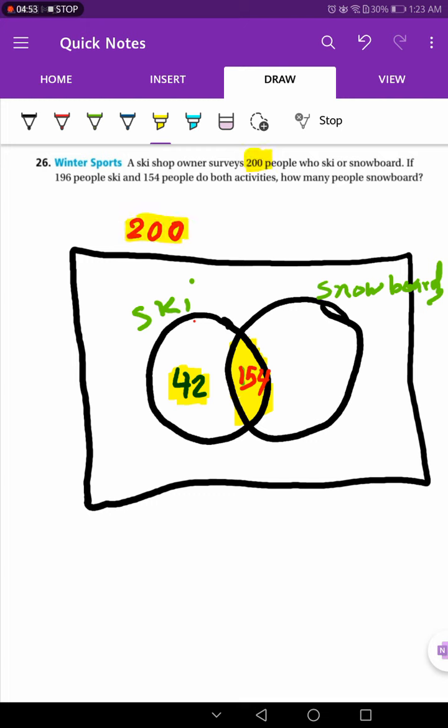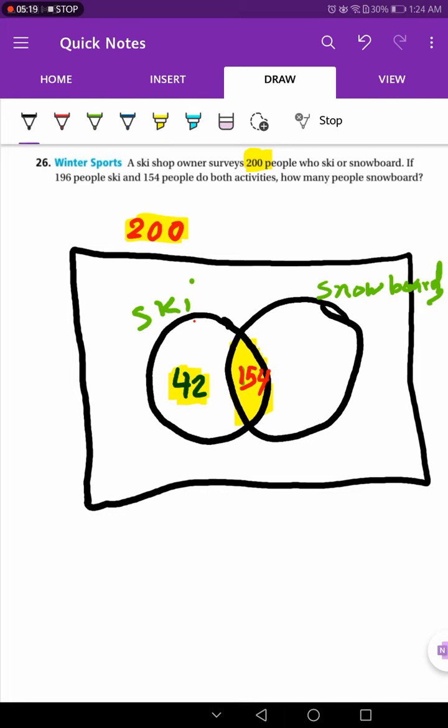And what you have to do, you have to know the number that represents the people who do snowboard. Okay, teacher. So you write like this.